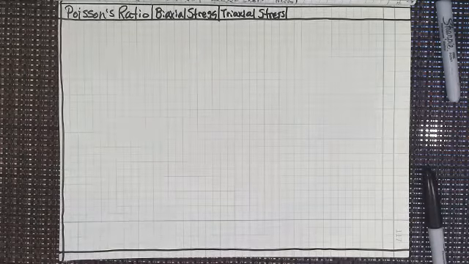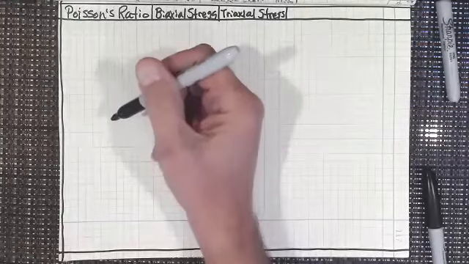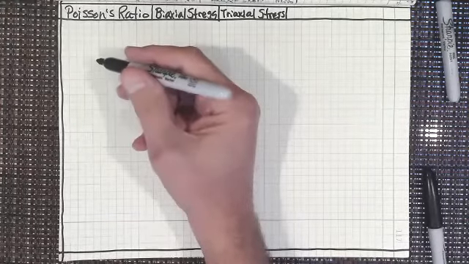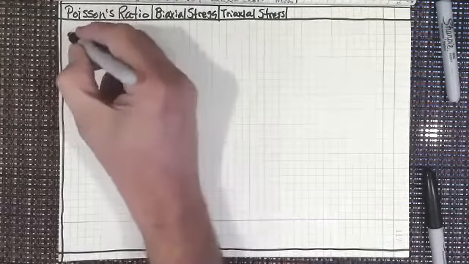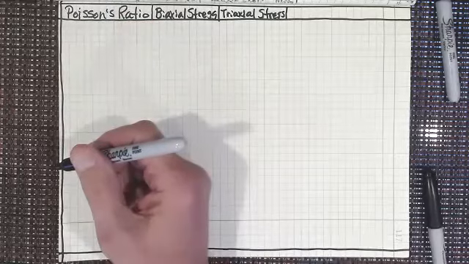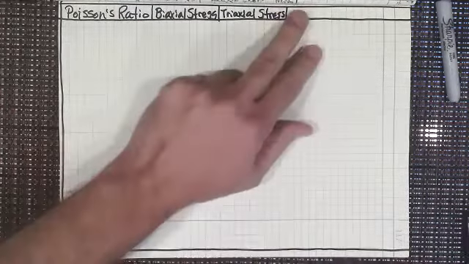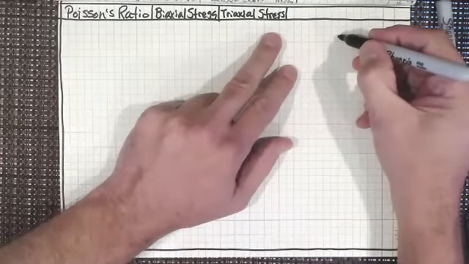But we'll see that later on. So what I wanted to do first was introduce Poisson's ratio. And Poisson's ratio, let's say that I just had a uniaxial stress.